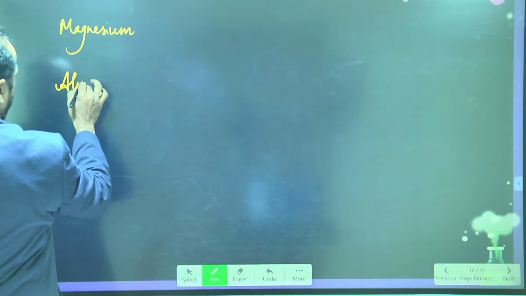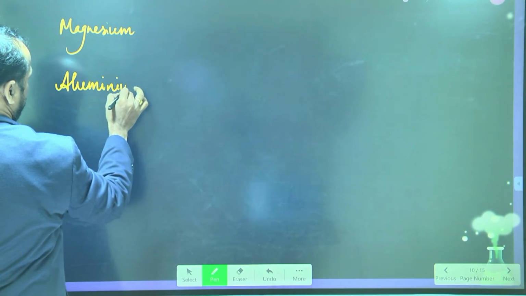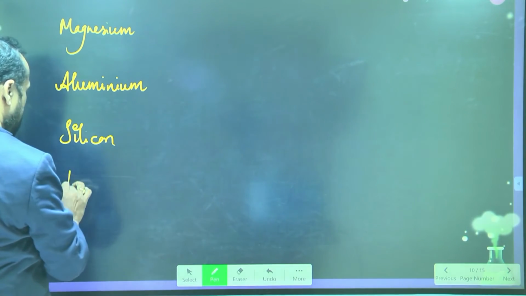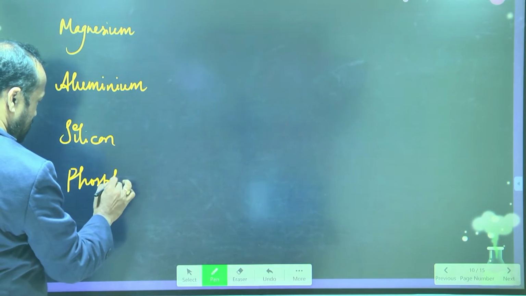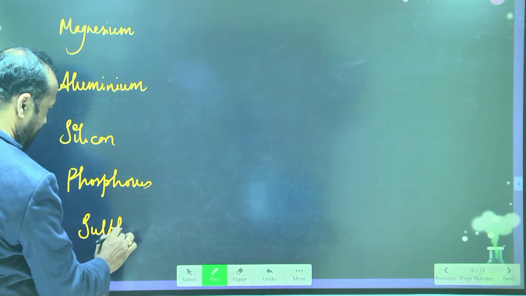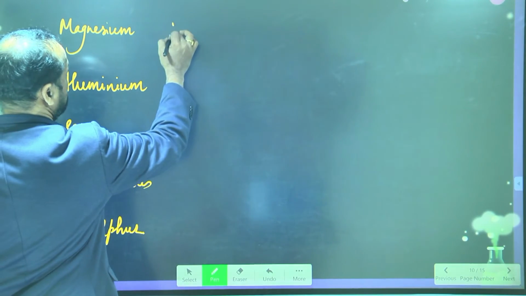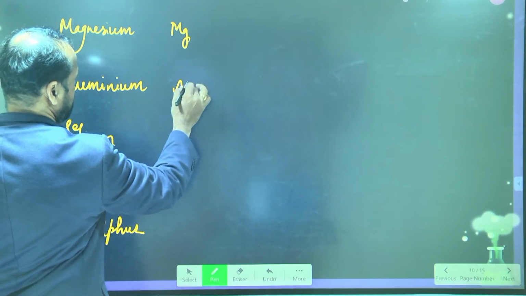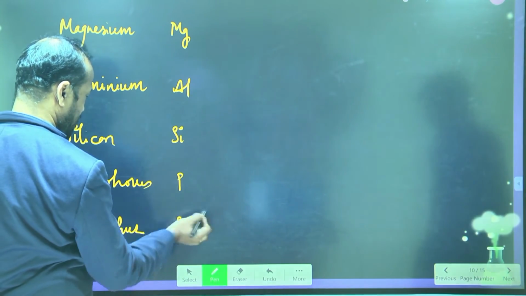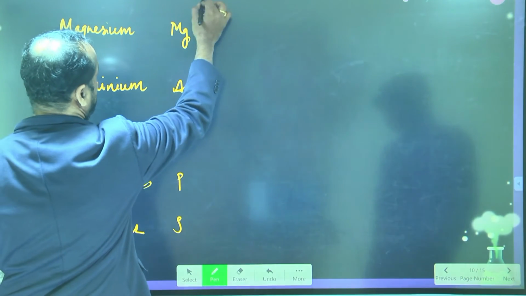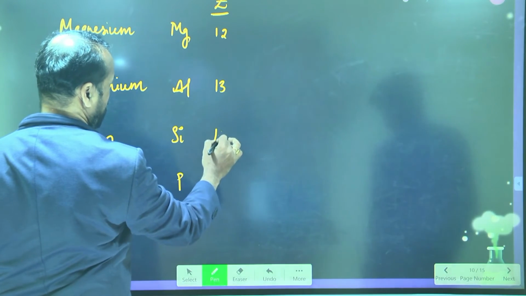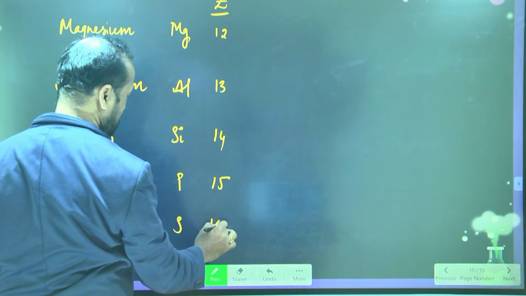Now next is magnesium, aluminium, silicon, phosphorus, sulfur. Their symbols: magnesium Mg, aluminium Al, silicon Si, phosphorus P, sulfur S. Their atomic numbers Z are 12, 13, 14, 15, 16.